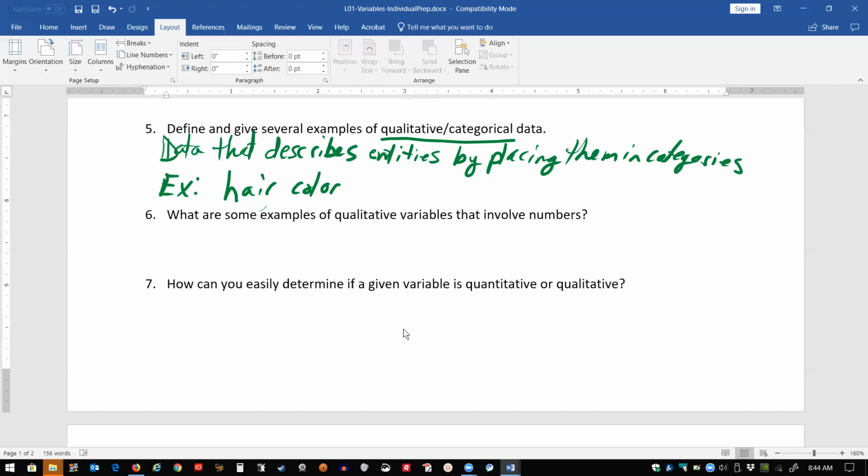But if I were to find all the hair colors of everyone in our class and then find our average hair color, on average, we're a dark blonde in our class. That's not really meaningful for us. So hair color is a qualitative variable. Similarly, eye color, those are also examples. Say your favorite type of music, that's again a qualitative, categorical variable.